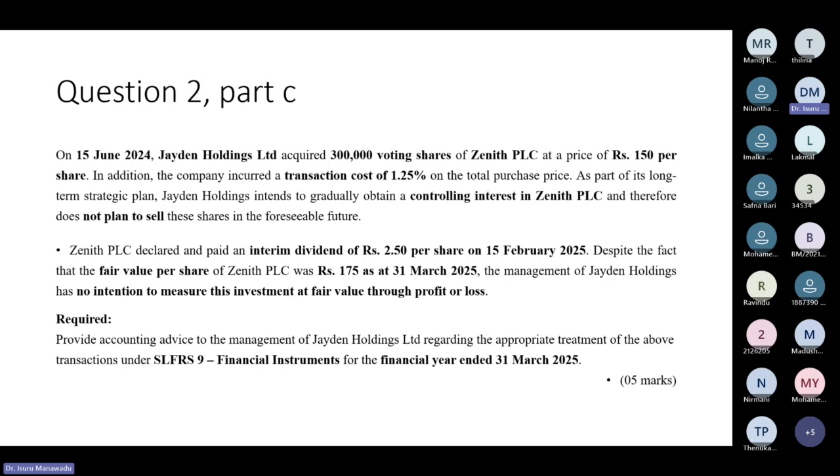That's an asset, a financial asset. So there are 3 classifications of financial assets: amortized cost, fair value through OCI, and fair value through P&L. If you want to classify something under amortized cost, both the business model and the contractual cash flow characteristic test should be achieved, satisfied.